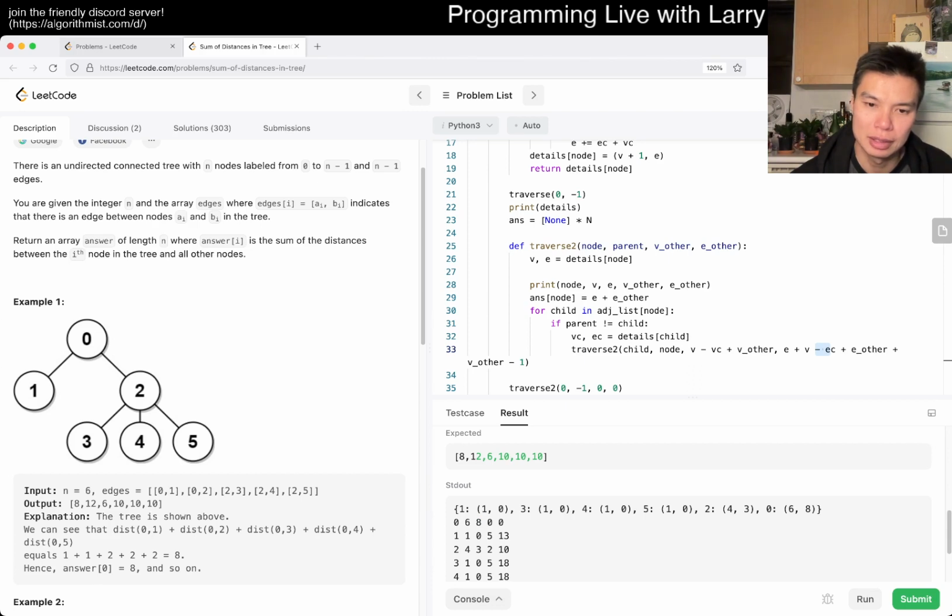Basically, I think 8 is wrong because it includes the 1, but I think I factored that in by subtracting by 1. I think that's wrong actually.